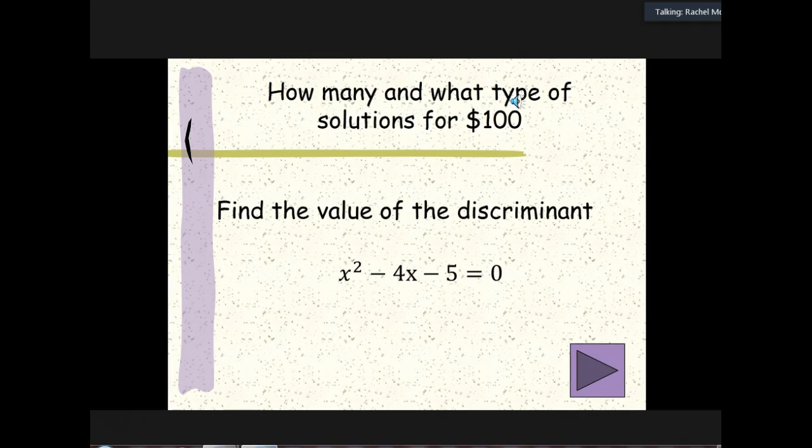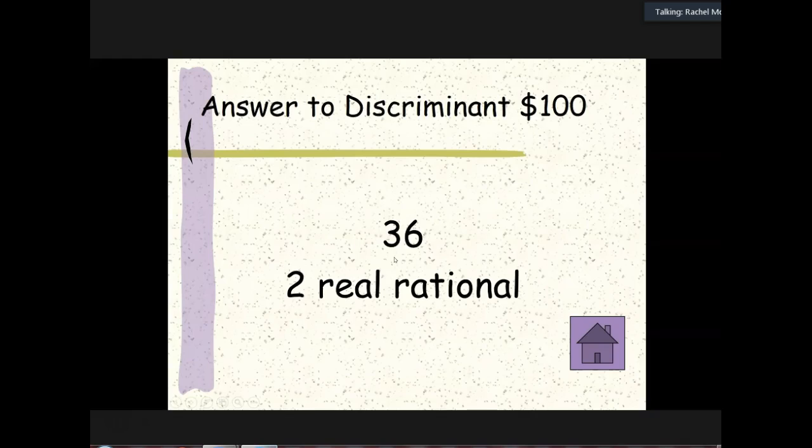I think you're also correct. And you're correct, and you're correct. Alright guys, awesome. The value of the discriminant was 36. A 36 gave you 2 real rationals. So first one to get that was my middle row, and Brayden. The first row to get it was the middle row with Brayden. He beat you by like a hair because he was in my light too.